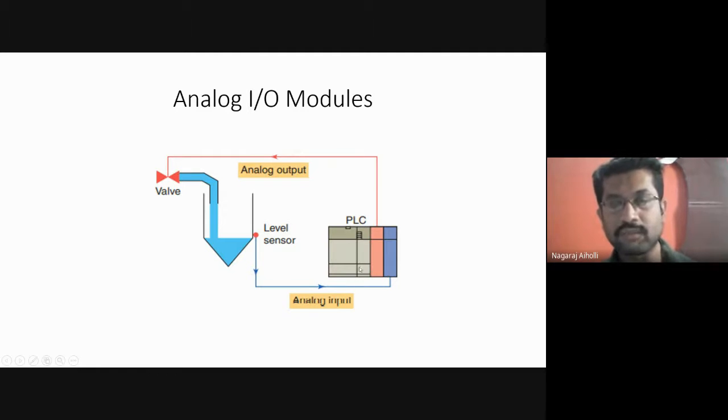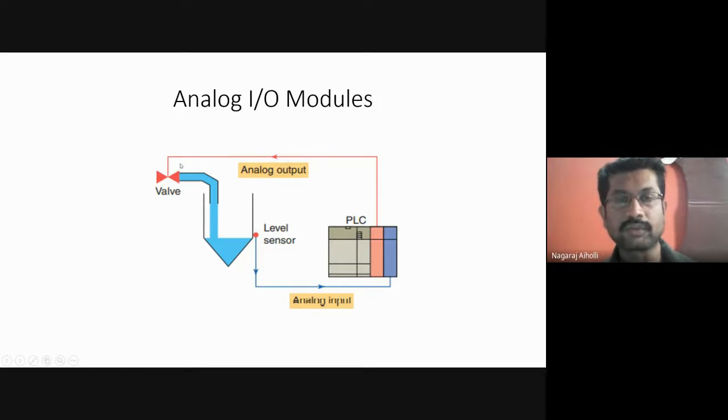The PLC processes that input signal and provides the analog output voltage. Initially the valve is open 100%, and the liquid is flowing full. If you want to control it to a preset level or set point level, then we have to adjust the position of this control valve. The position of the control valve is controlled by this analog output voltage.